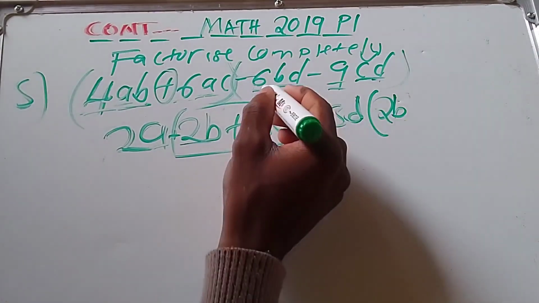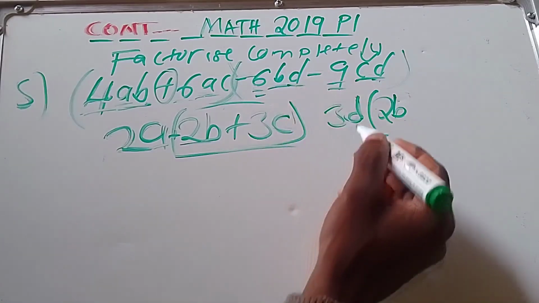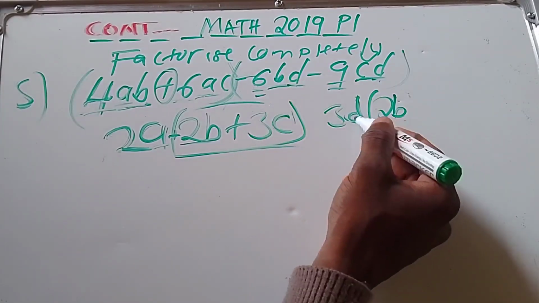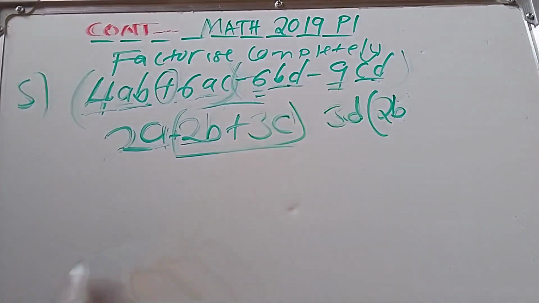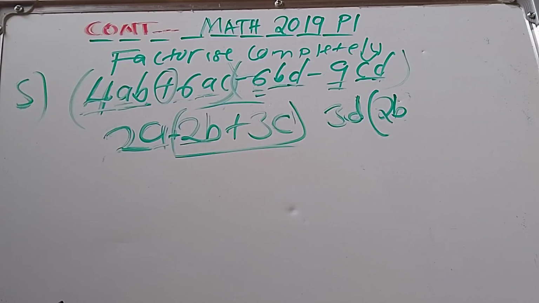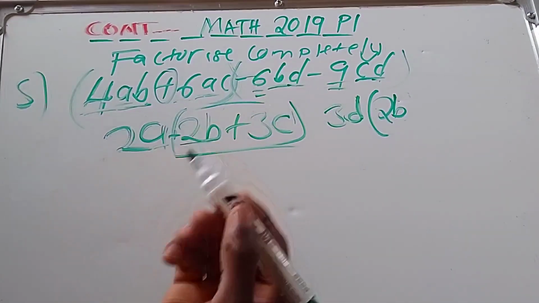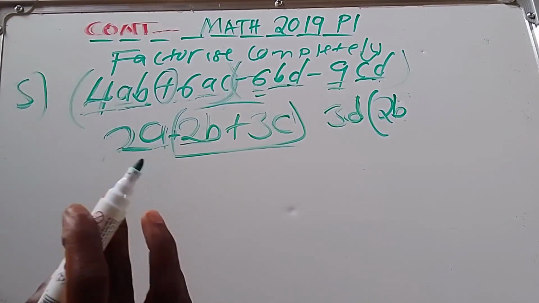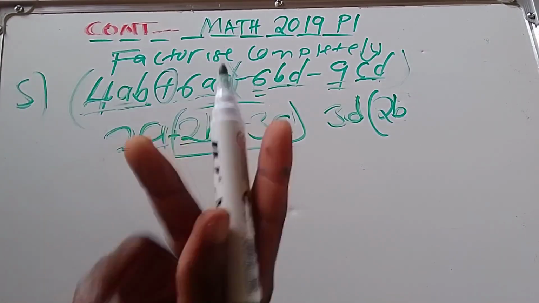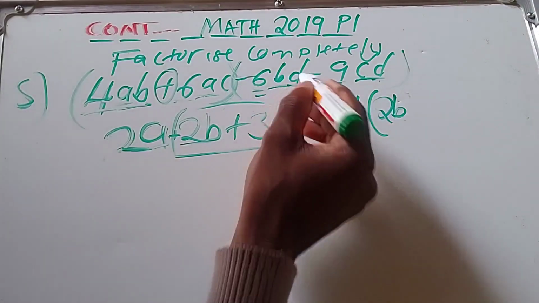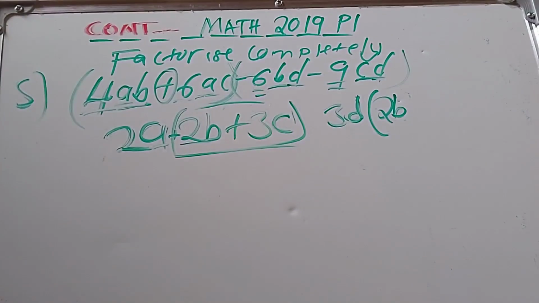The answer, of course, is 6bd. 6, this is, and this one is 6. Then d times b is bd. It doesn't matter whether you begin with d or with b. It's one and the same, so long as you are having the same letters.